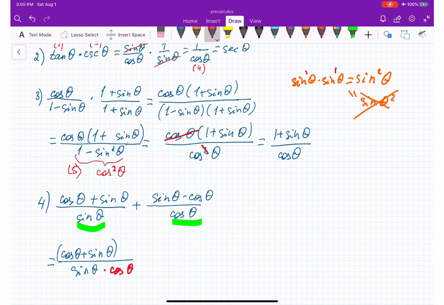Let me write down here the common denominator. It's going to be sine theta and cosine theta. So we multiply the denominator by cosine theta, because in sine we are missing cosine. On the top also we multiply by cosine theta.